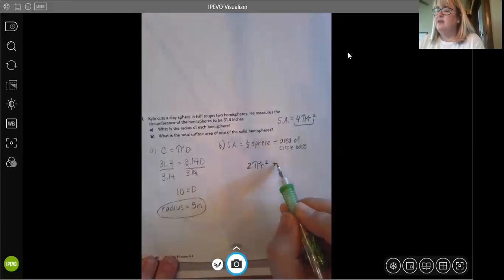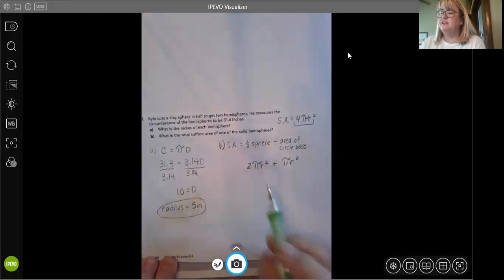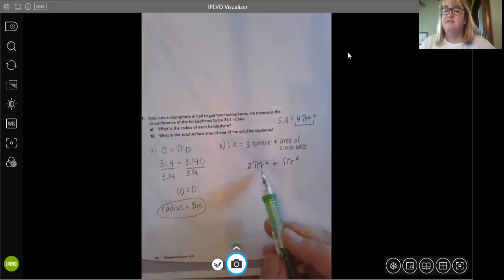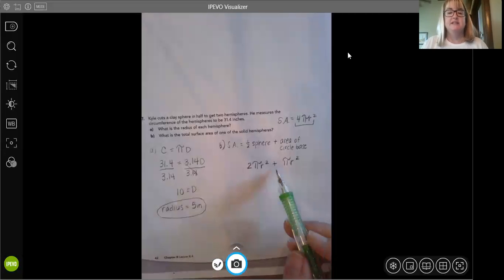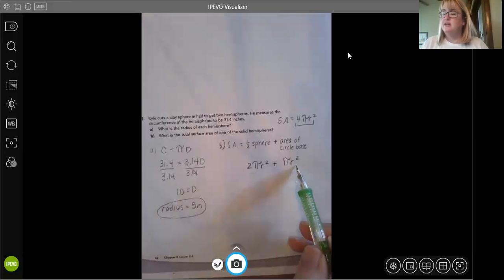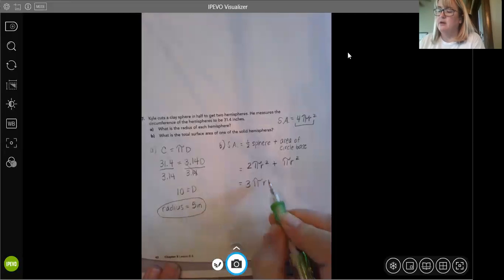Plus the area of the circle base. How do you find the area of a circle? It is pi times the radius squared. So this is what we're using to find the surface area. This is the surface area of the half of a sphere, and this is the area of the circular base. Now, if you look at this, we've got 2 pi r squared, and this is another pi r squared. So we have in total 3 pi r squared.